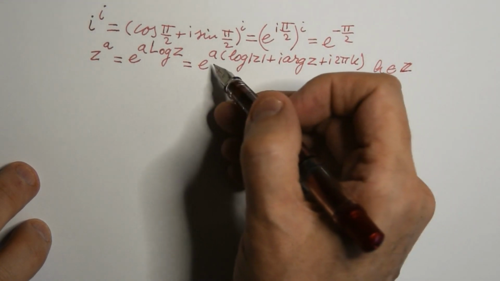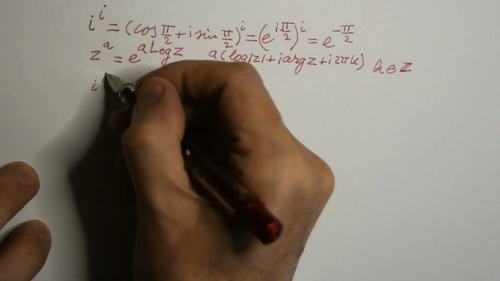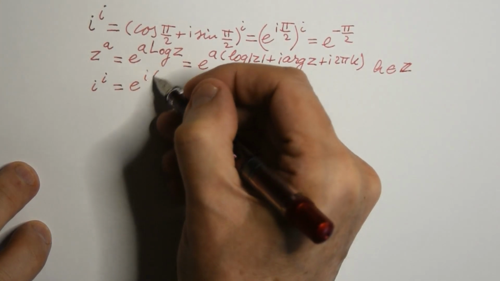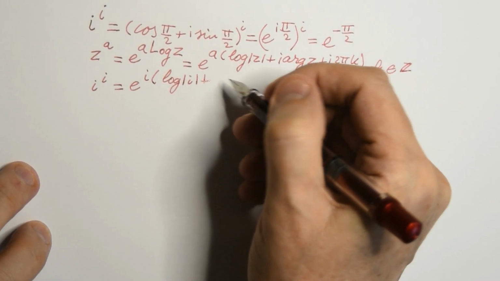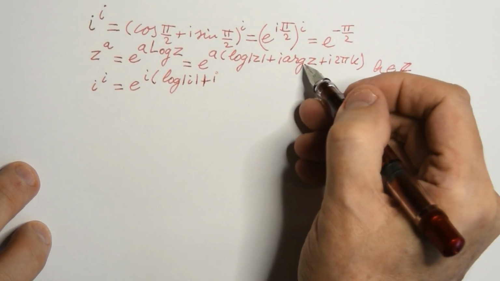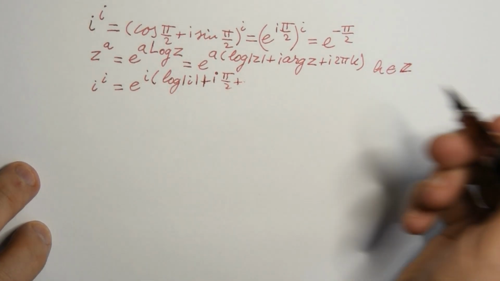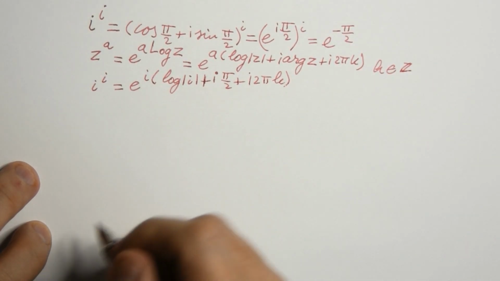So if we use this formula for i to the i, we get i to the i equals e to the i times (log of absolute value of i, plus i times the argument of i, which is pi over 2, plus i 2 pi k).